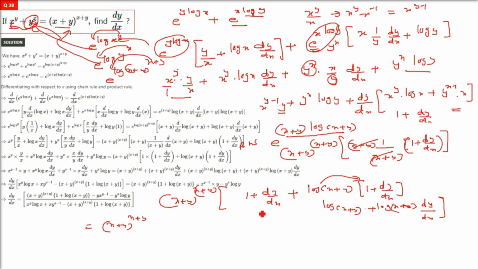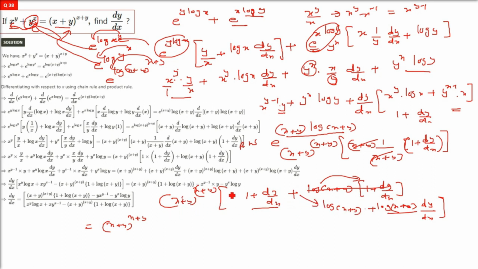So the first term will be the same, x plus y raised to x plus y. Then we have dy by dx. So it will be x plus y to the power x plus y dy by dx. And there will be 2 dy by dx here. So we have to add this: 1 plus dy by dx plus log x plus y plus log x plus y dy by dx.